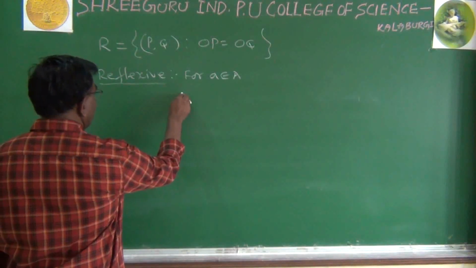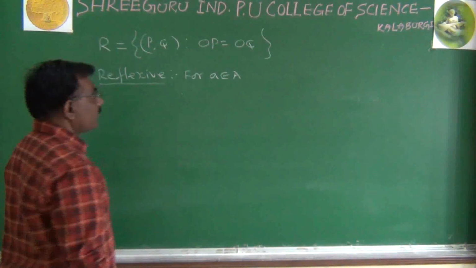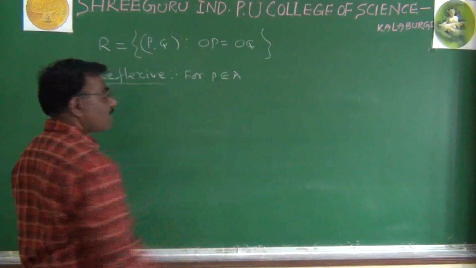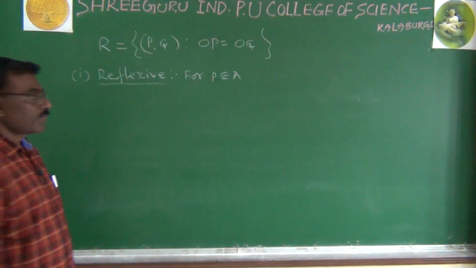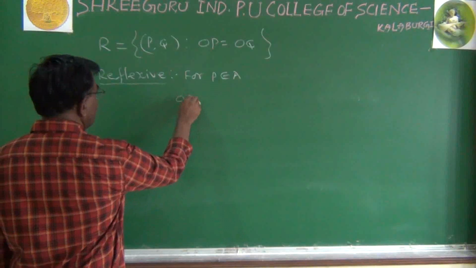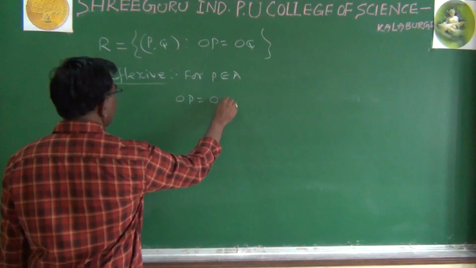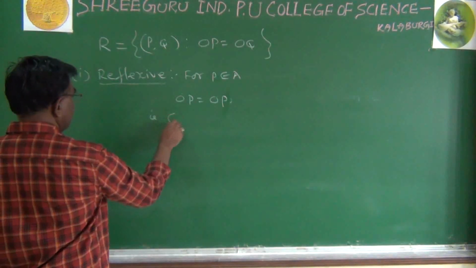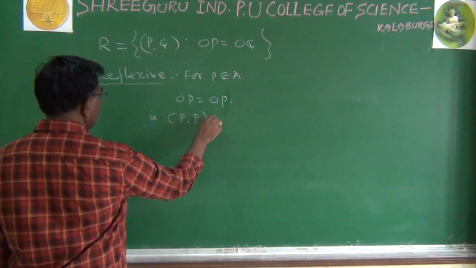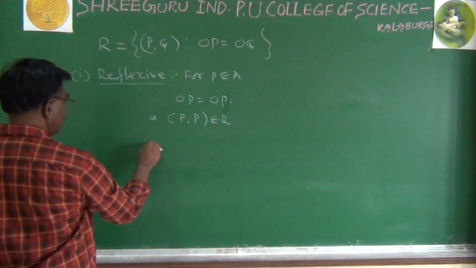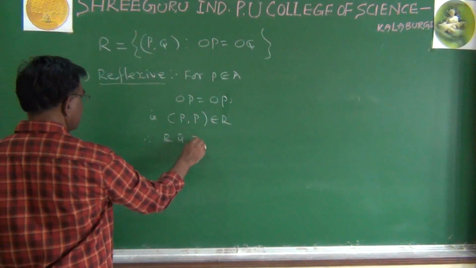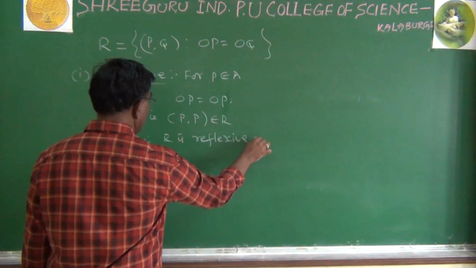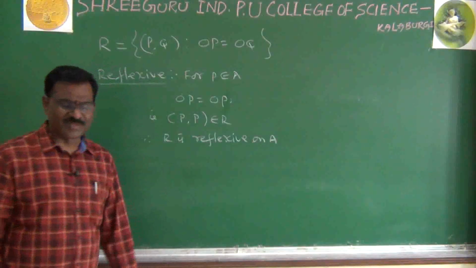So P belongs to A, OP equal to OP, that is (P, P) belongs to R. Therefore, R is reflexive. Very simple.